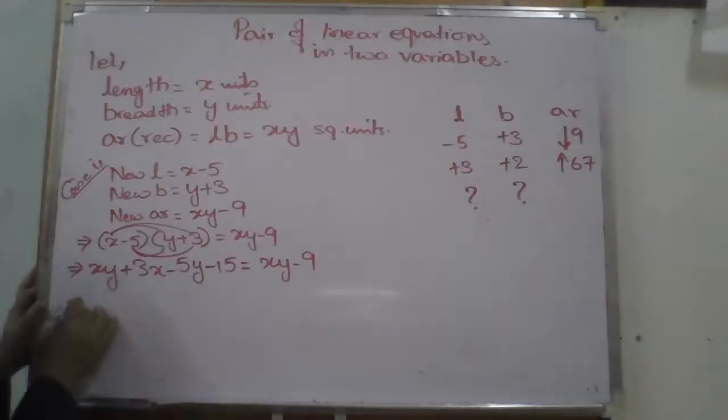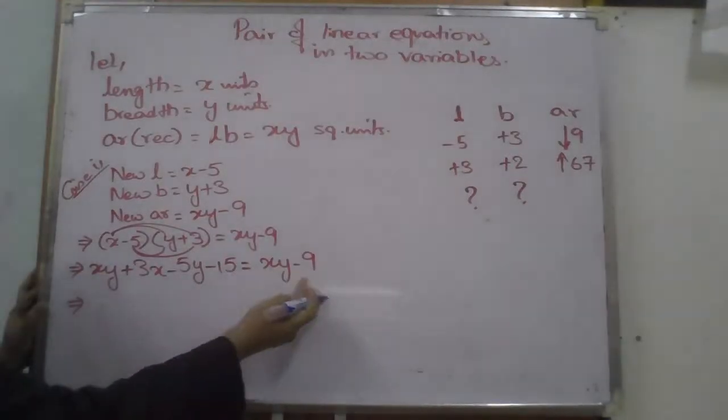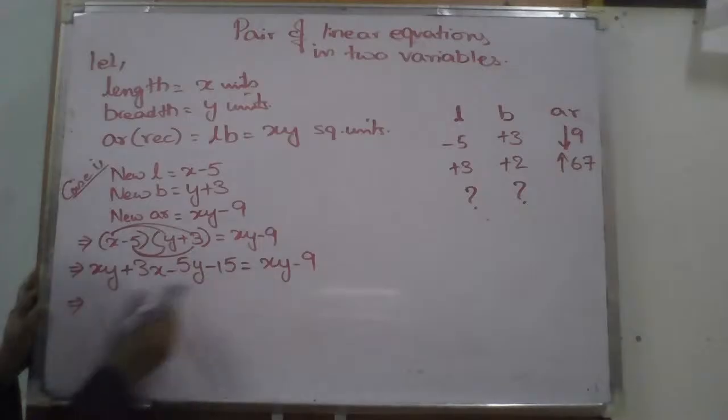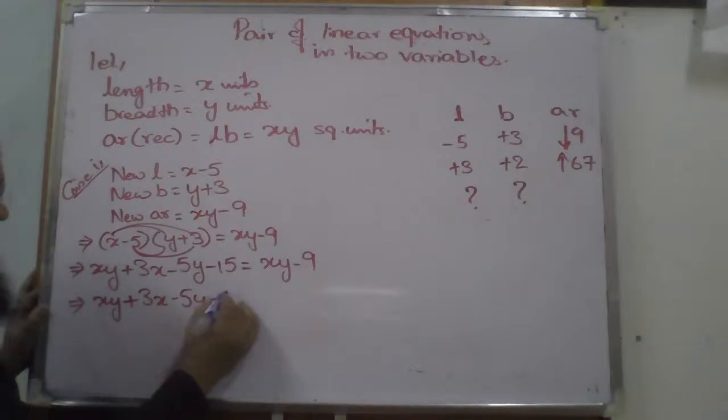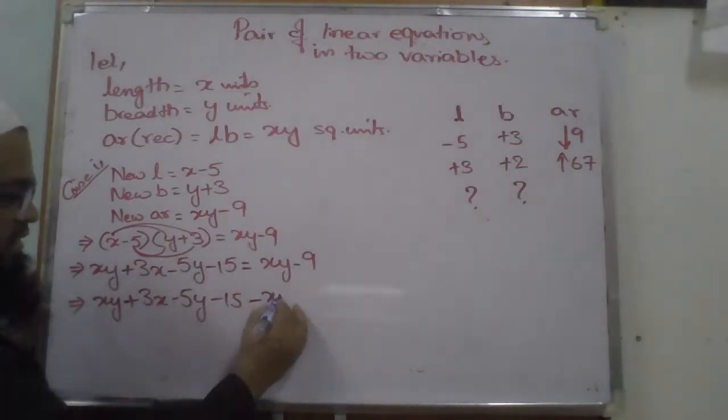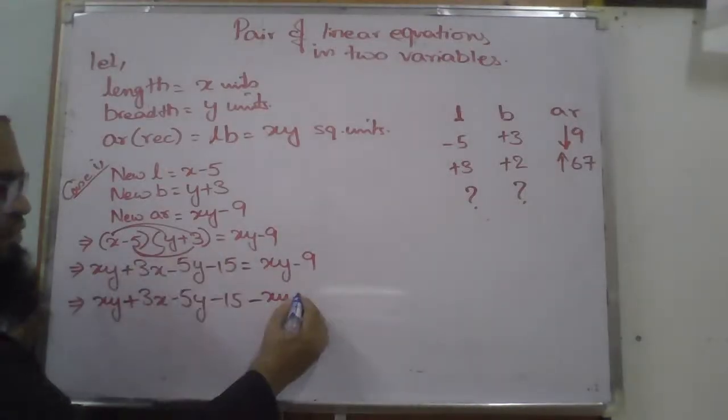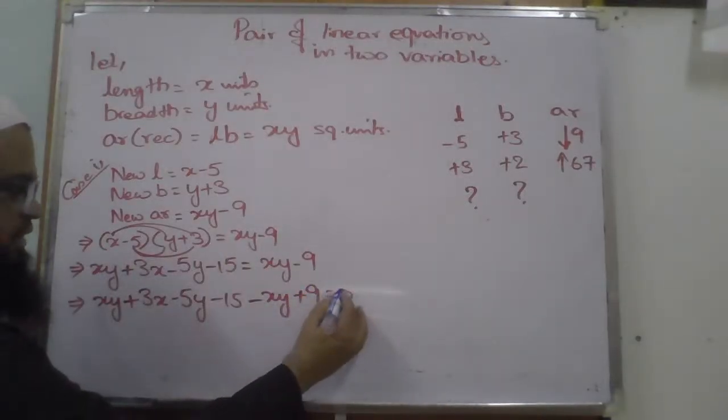On both sides you have xy and xy. When you transpose everything to this side: xy plus 3x minus 5y minus 15, minus xy, plus 9 equals 0.